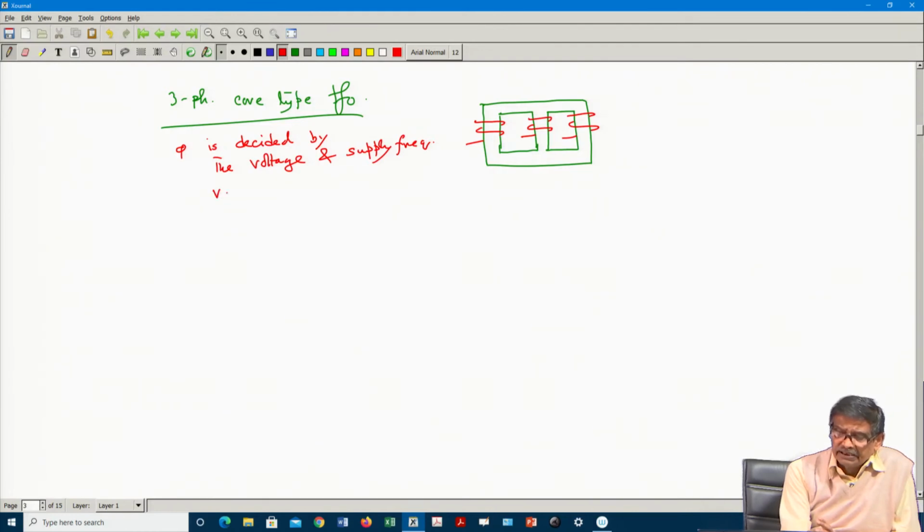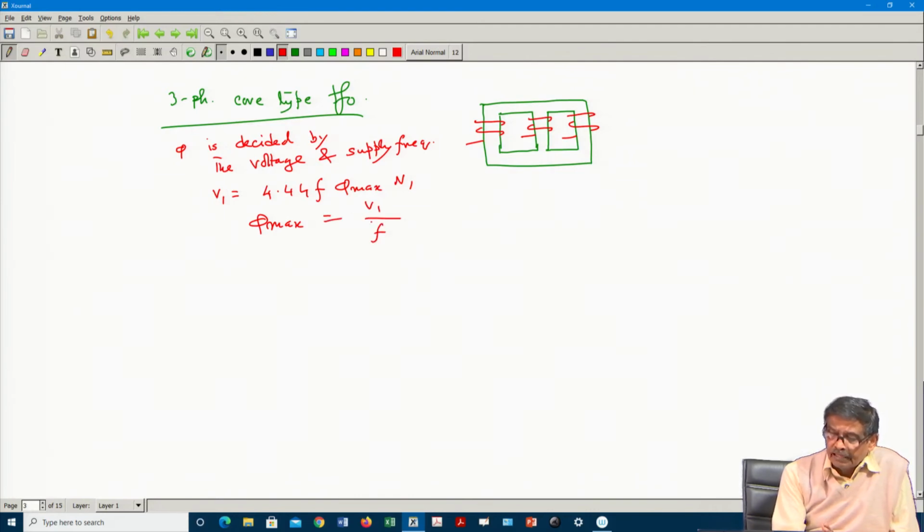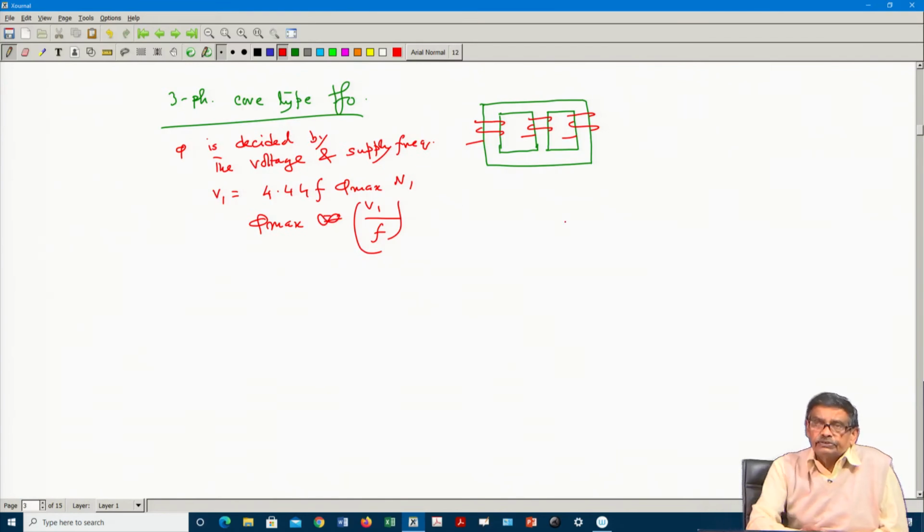Because V for any phase, the RMS value on the primary side, is 4.44 f phi max N1, and so on. So phi max gets decided the moment you have decided V and f, as other things are constant. So it is proportional to V1 by f.